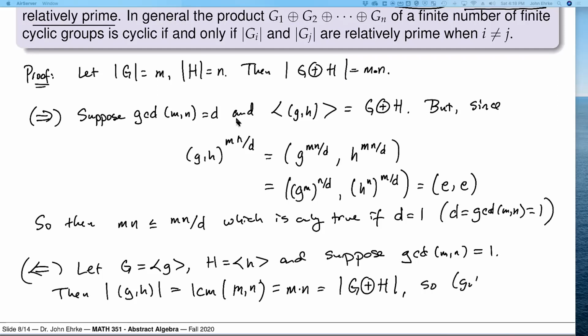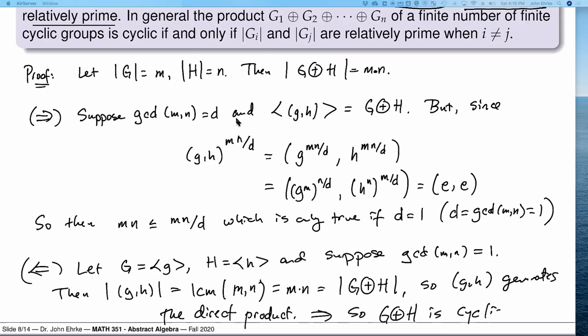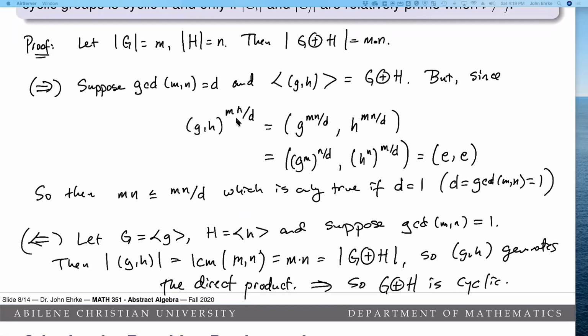So GH generates the direct product, which means that the direct product is cyclic. So in either direction, we've proven the result.